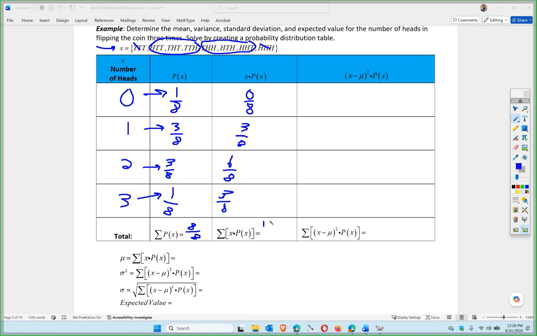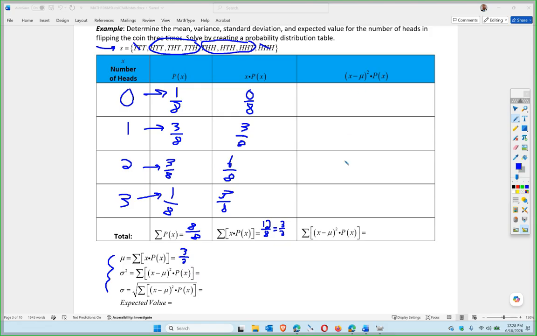The only time you really want to simplify fractions is in this section, when it has to do with distributions. It just makes it a little bit easier. Otherwise, in the other sections, probability, not so much. So we get 3 halves, which is our mean, essentially. So the mean of this game is 3 halves. That's the formula at the top of the page, which is also these formulas here.